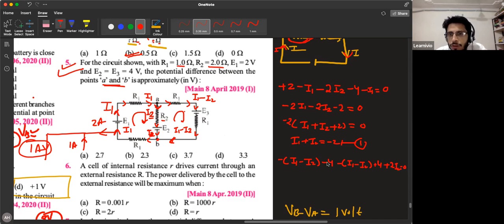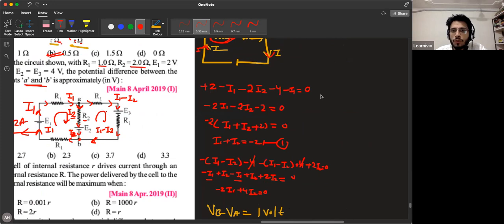So this minus 4 will cancel this plus 4. It's minus I1 plus I2 minus I1 plus I2 plus 2I2 is equal to 0. Minus I1 minus I1 is minus 2I1. I2, I2, I2, 4I2 is equal to 0. So what we can do is just take this minus 2 as common.